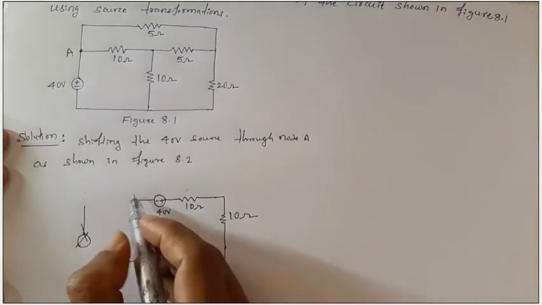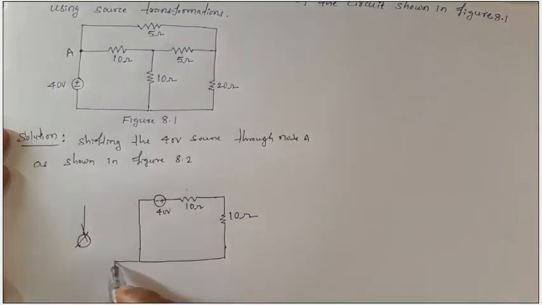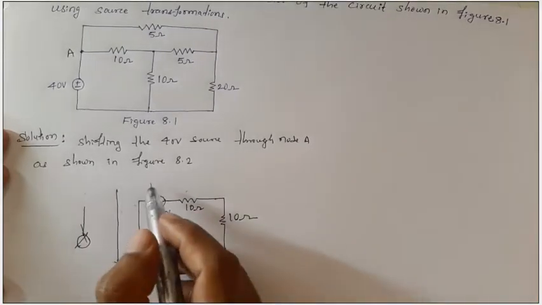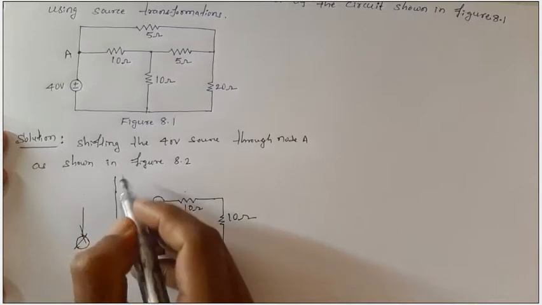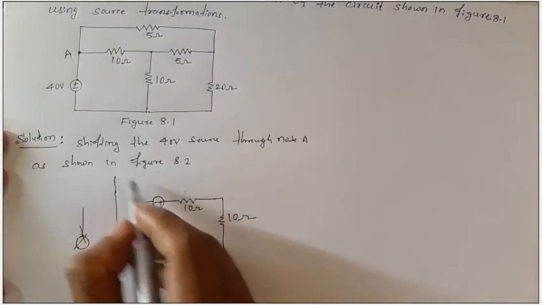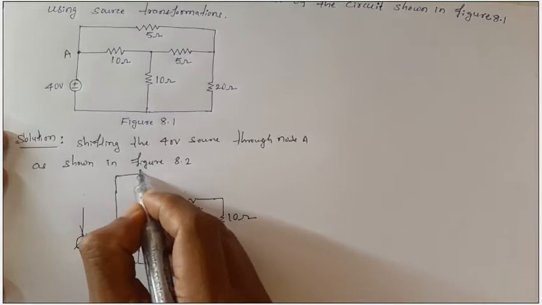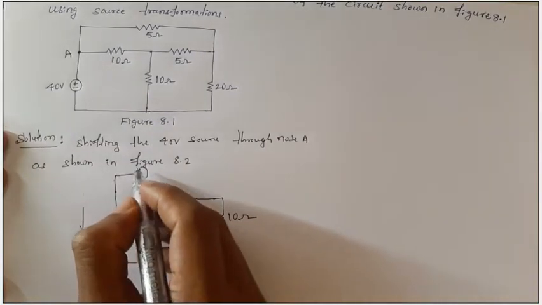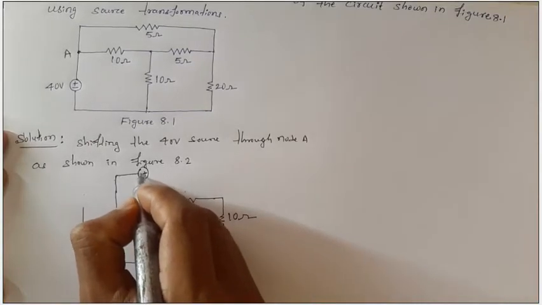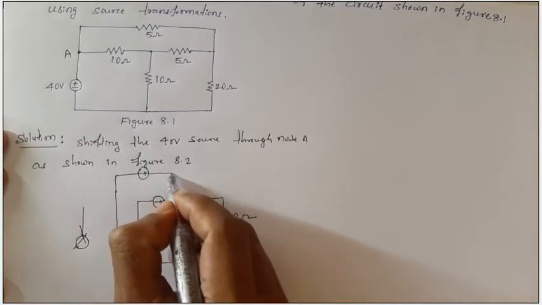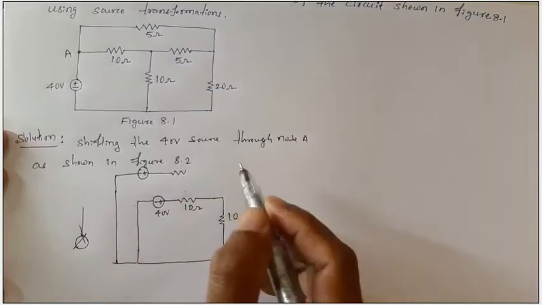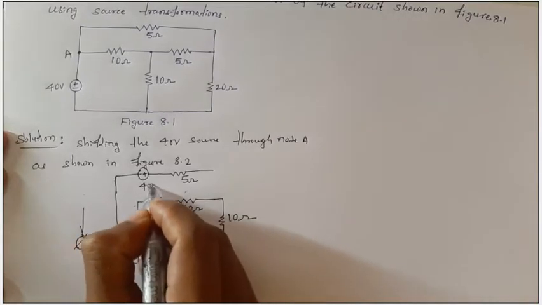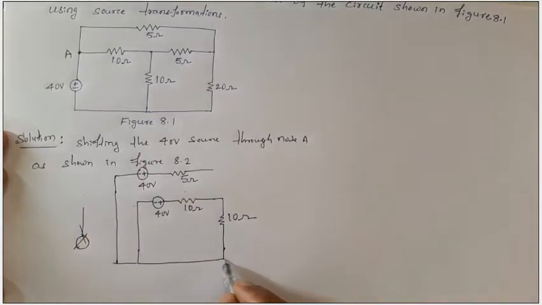I am redrawing it conveniently. This 40 volt source will be shifted here with sign plus and minus, and in series with this there is a 5 ohm resistor, and this is 40 volts. And dear students, this will be continued.